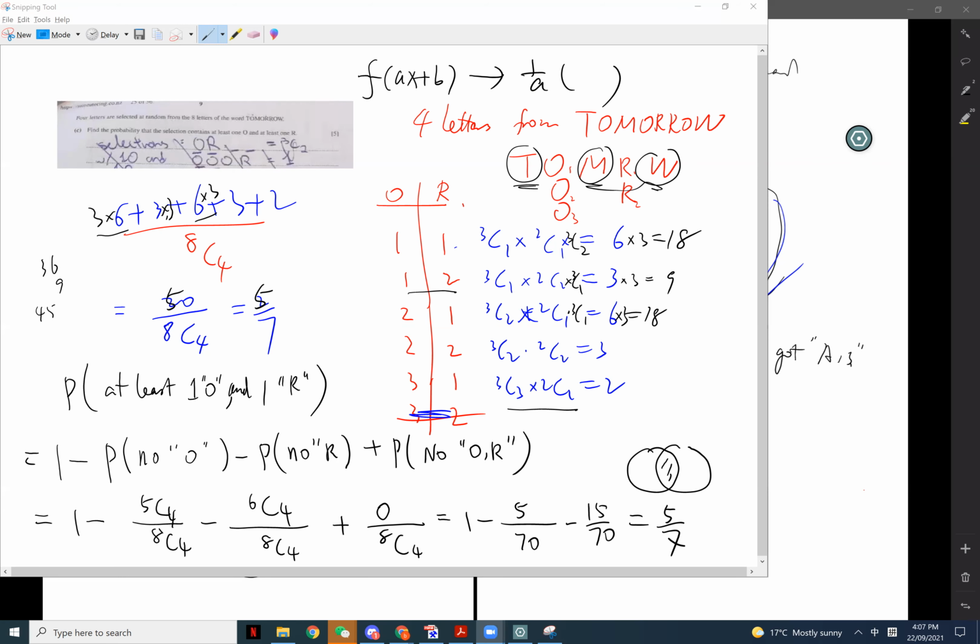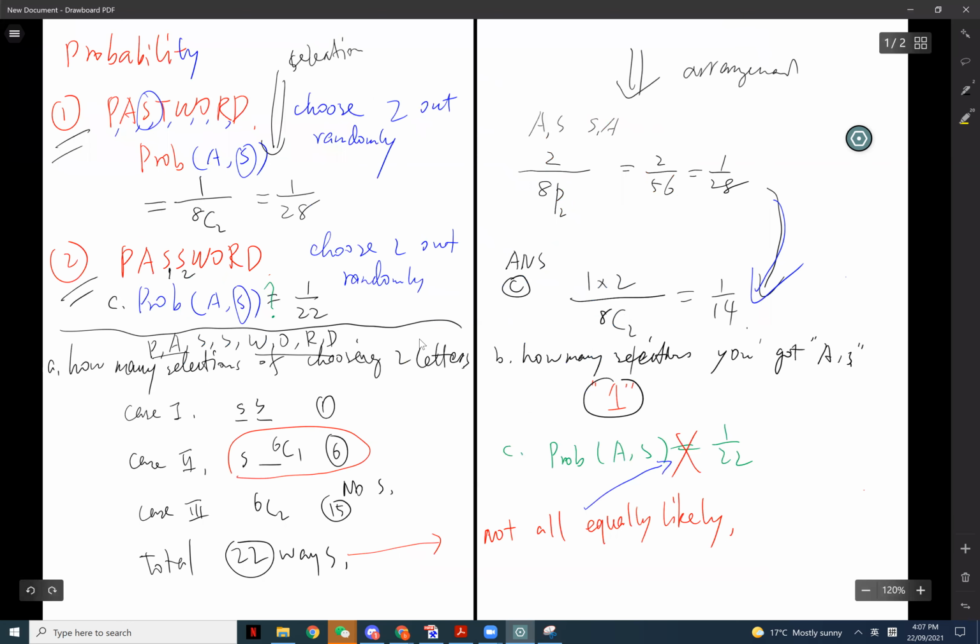I hope you understand this question. Why do we do it this way? Why don't we do it here? Those were not equally likely. Those cases here are equally likely. I mean, the 15 cases here are equally likely, and one case here is equally likely.